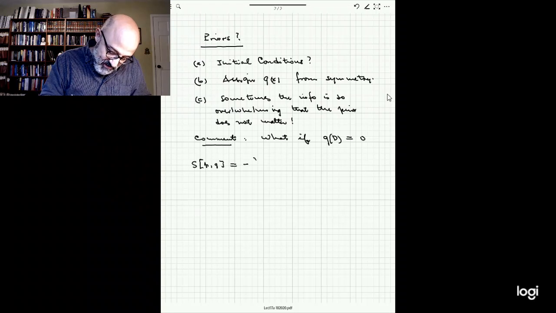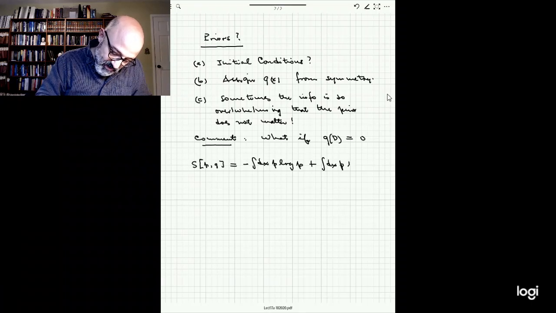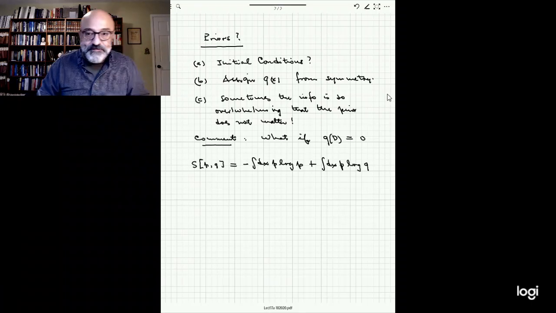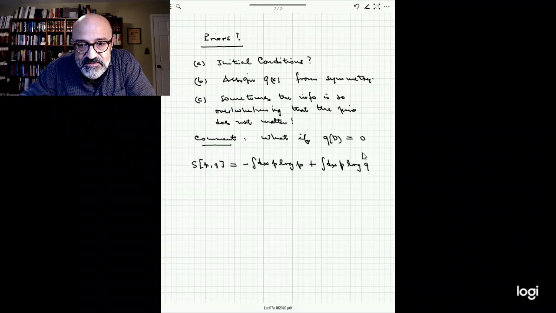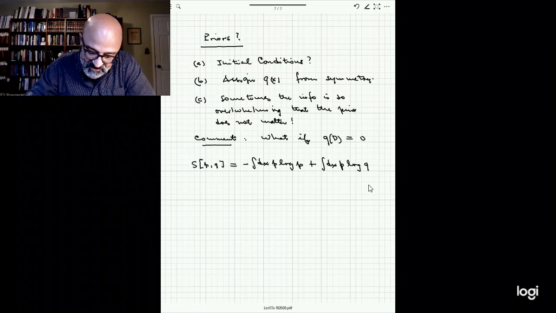So you have minus the integral dx p log p plus the integral dx p log q. And so clearly, if in a particular region or for particular values of x, q is equal to 0, the log of 0 is like minus infinity.